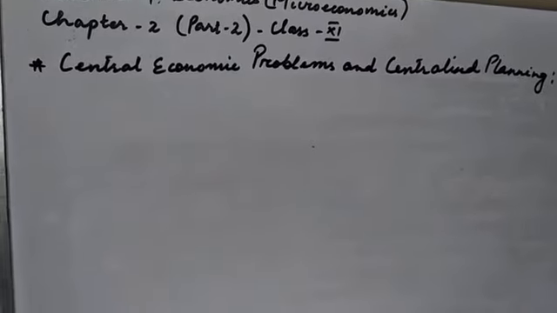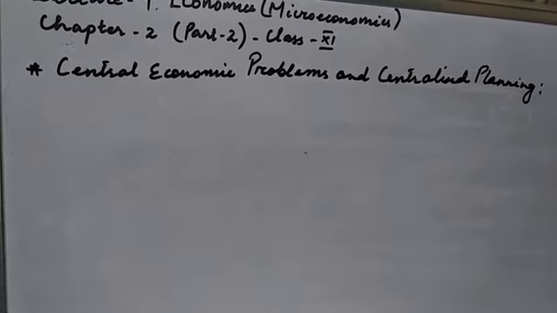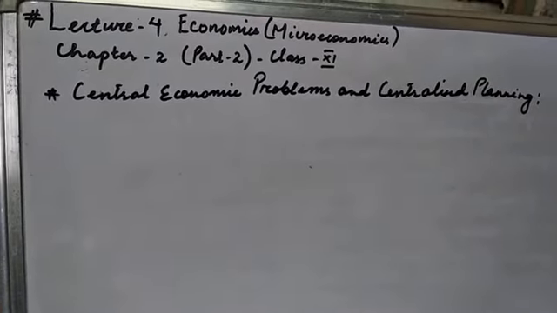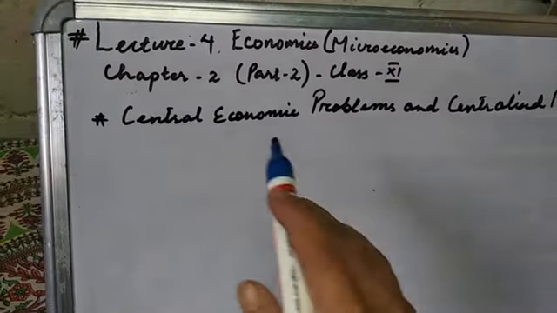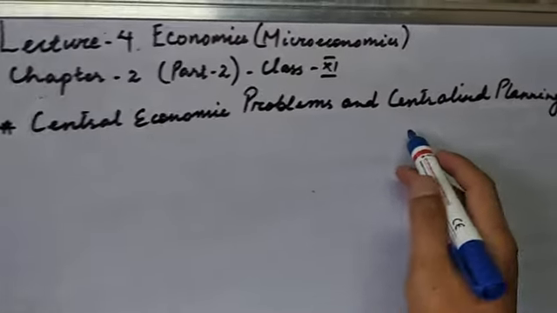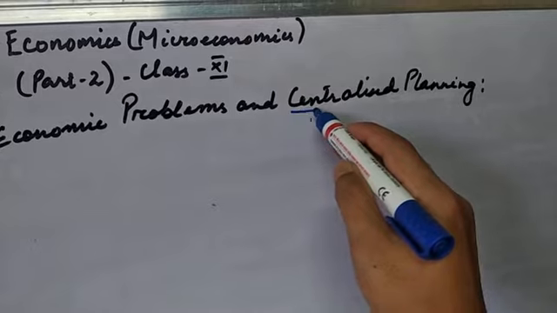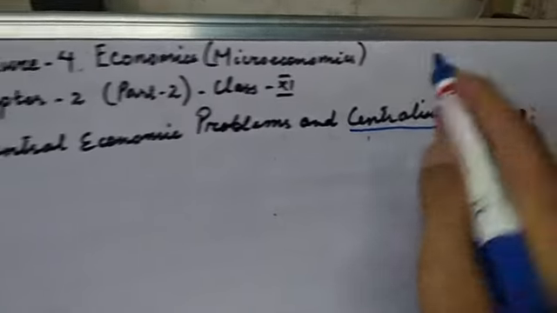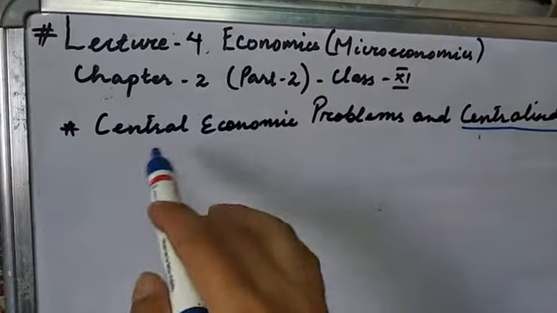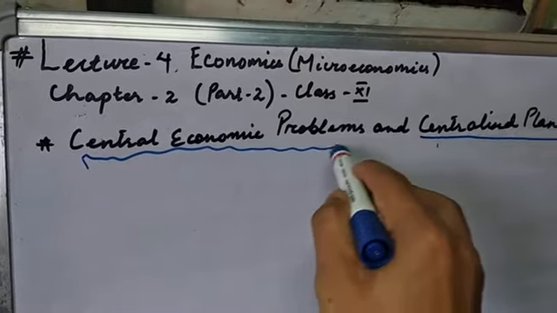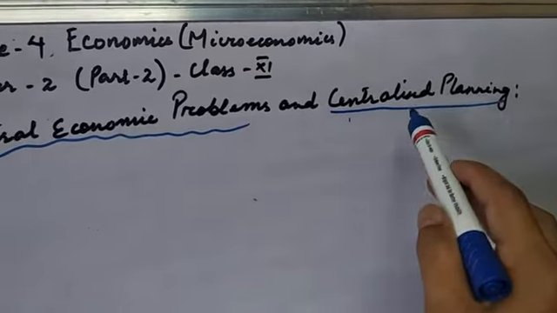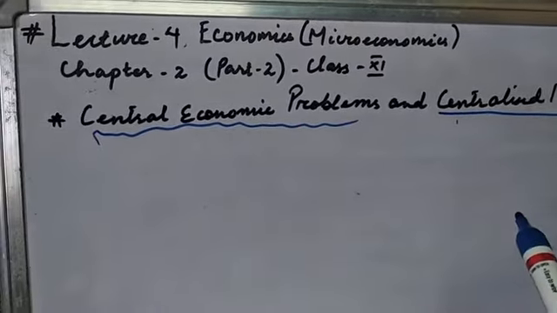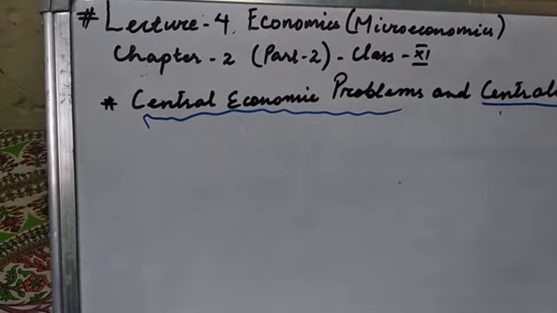So we have discussed the first method to solve these central economic problems. The second method is central economic problems and centralized planning. In this second method, the solving of these central economic problems is done through centralized planning. Let us see how it is done.